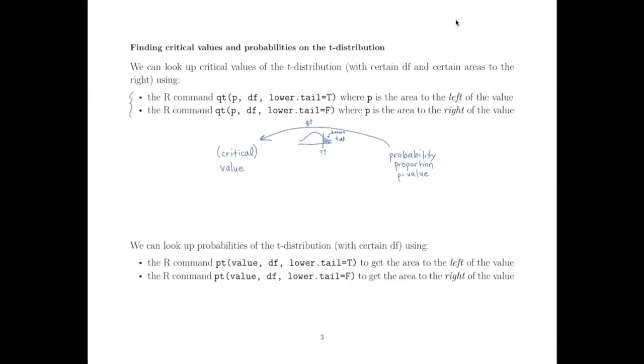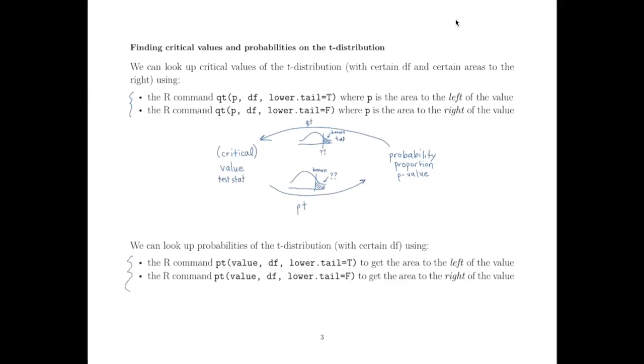The other thing is you might be given a value or a critical value that could be a test statistic too. So you say, I have my test statistic, so this is the known value, and this area is what you're trying to figure out. In that case, we're going to use the PT command, and I've outlined that here.